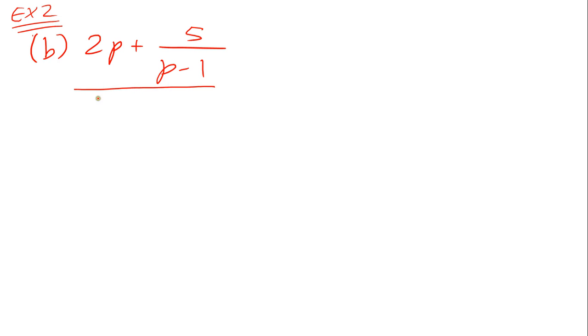Alright, so we'll try this one, part B. We've got 2p plus 5 over p minus 1, and this again is example 2b in your text, and that is all divided by 3p minus 2 over p.